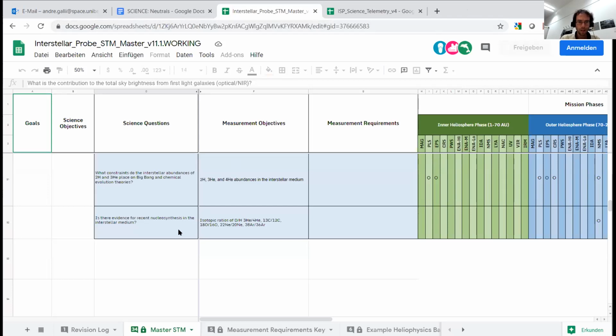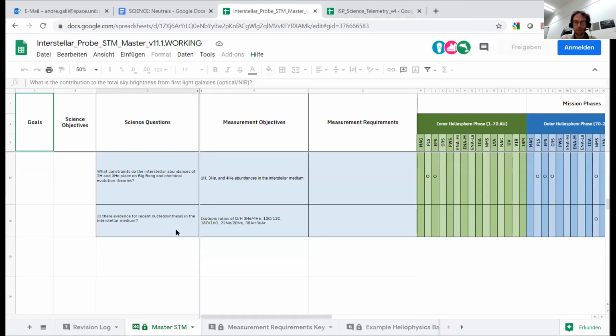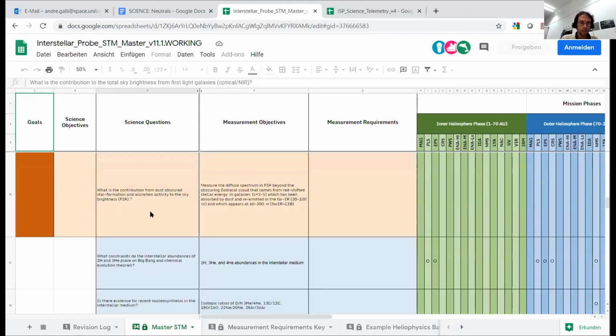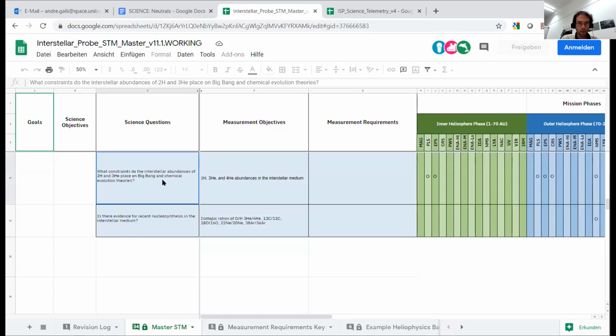Do you see the Sun Sensibility Matrix on my screen? Yeah, we can see it. All right. It's just here at the bottom of the master STM, there are those two pale blue rows that are related to interstellar neutrals. I think one of them is mentioned also above, but we're just not sure if those are obsolete now.